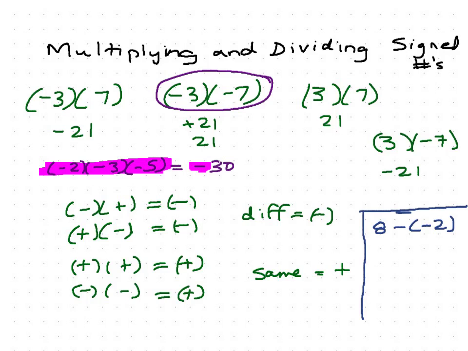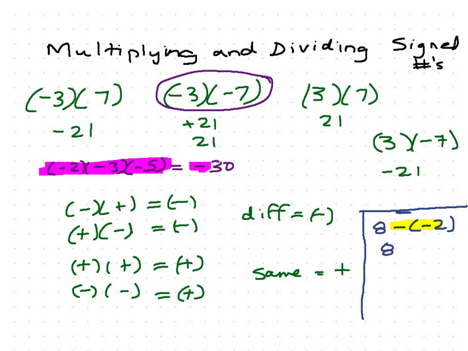When I look at this question, 8 take away a negative 2, what I actually see is double signs. And I don't like double signs. I try to clean those up and make it one sign. Now that I know the rule that a negative and a negative together, or a subtraction, take away a negative, I can make that into one sign if I apply the rule that a negative and a negative is a positive.